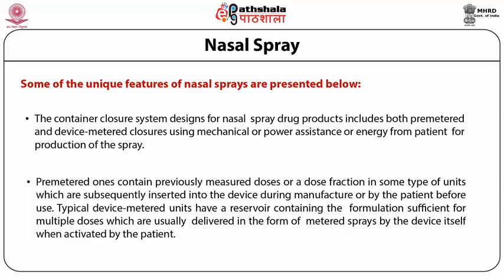Typical device-metered units have a reservoir containing the formulation sufficient for multiple doses, which are usually delivered in the form of metered sprays by the device itself when activated by the patient.